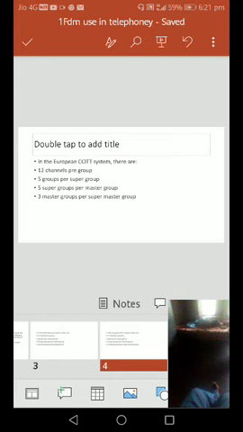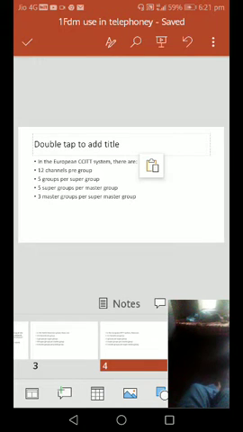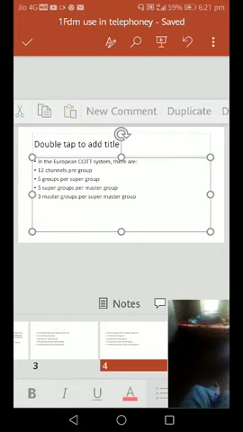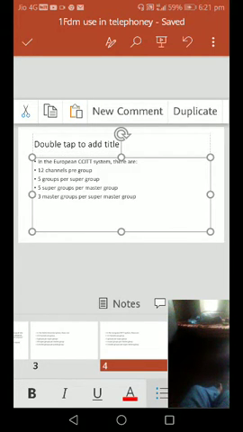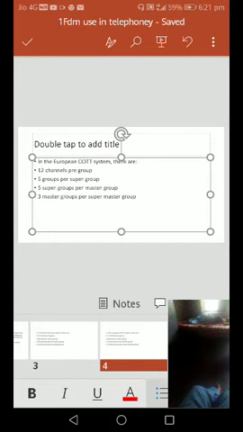In the European CCITT system, there are 12 channel pre-groups, 5 groups for super groups, 5 super groups for master groups, and 3 master groups for super master groups. These are the groups used in European countries.